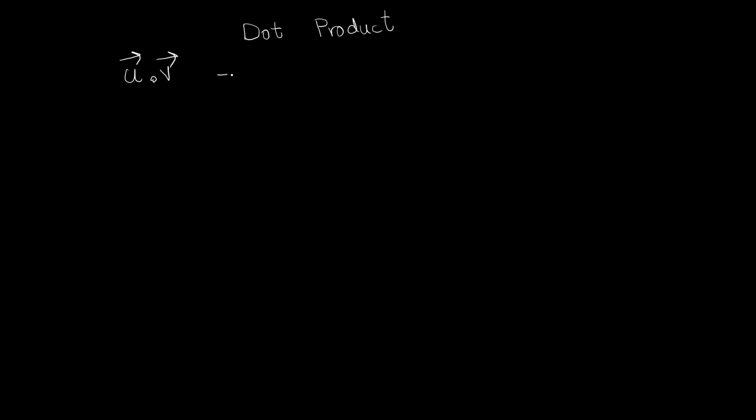If the dot product is zero, that would mean the vectors are perpendicular.